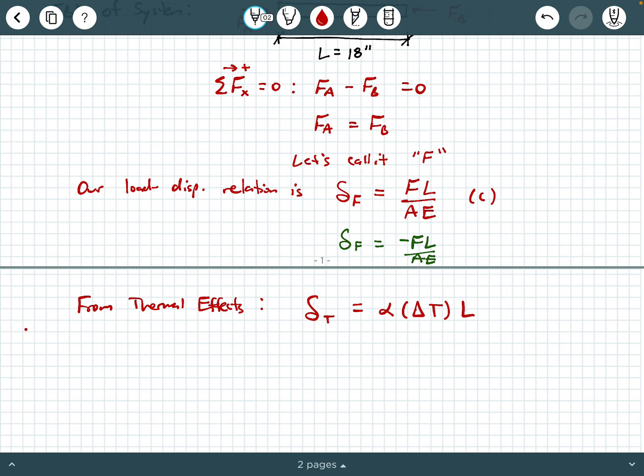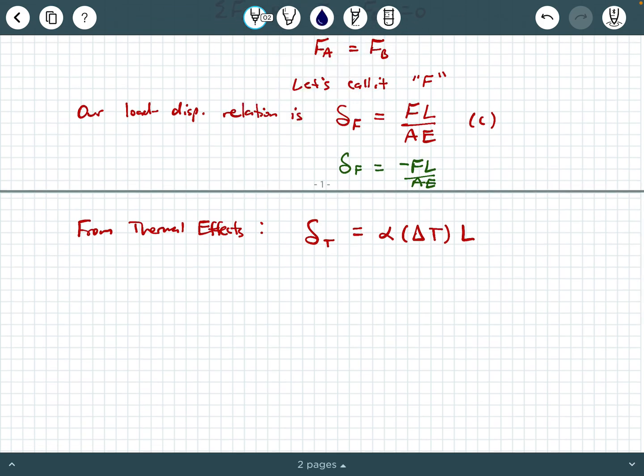Well, we're going to set up our compatibility equation, and our compatibility equation is going to be the deformation due to the reaction force at either end, delta F, superimposed with the thermal deformation, delta T. And because it's a fixed rod, point A and point B cannot displace relative to one another, so that's going to be equal to 0.